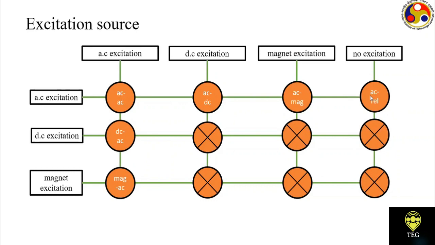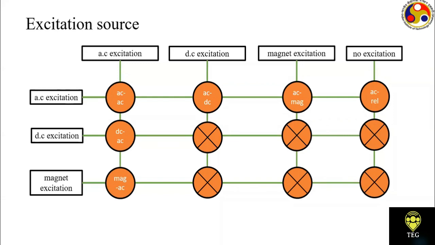Now if you want to take some examples, the first one is actually an induction machine, because to the stator you give an AC excitation, and because of the AC excitation in the stator it creates a rotating magnetic field. That rotating magnetic field induces an EMF in the rotor, and that EMF itself is AC with some frequency. So AC kind of excitation is an induction motor. Now AC-DC, these are synchronous motors. To the stator you give an AC excitation, and to the rotor you give a DC current.